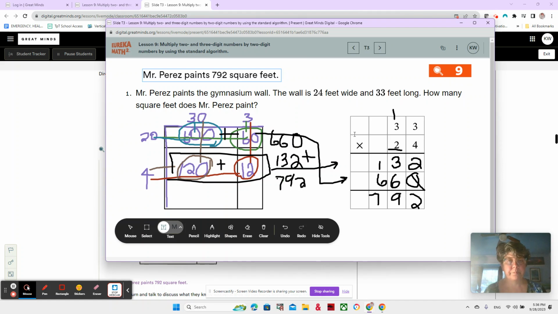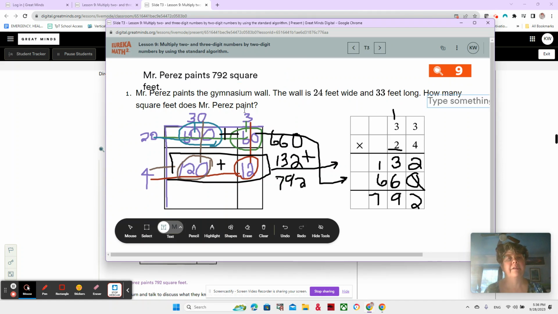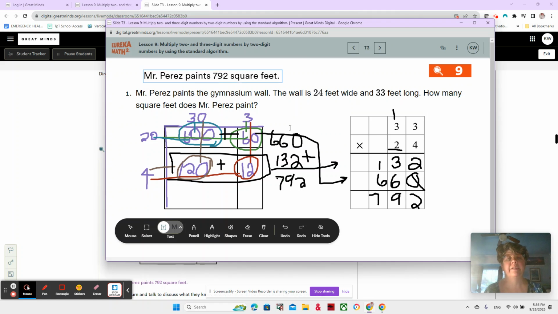Remember when we're finding area and we're using the area model to help us find area, length times width, then our answer is in square feet because we literally have squares of feet.